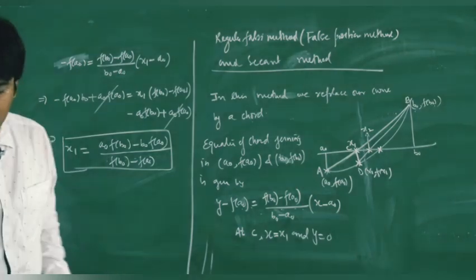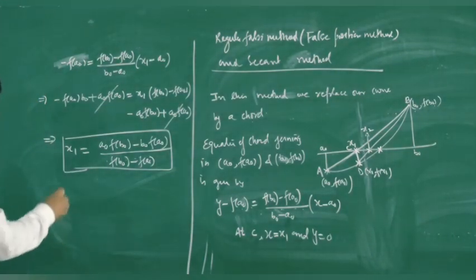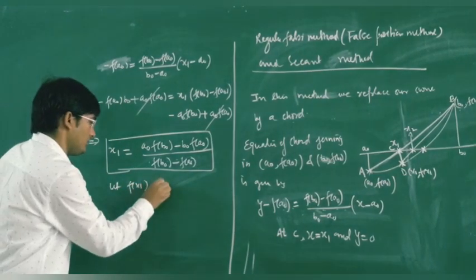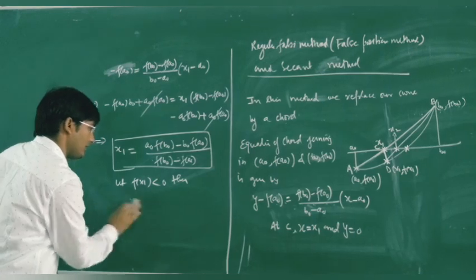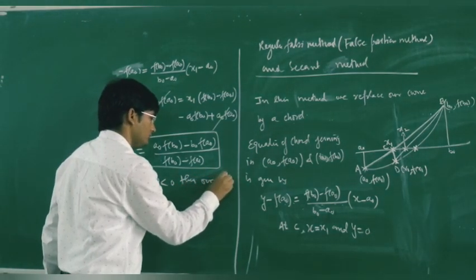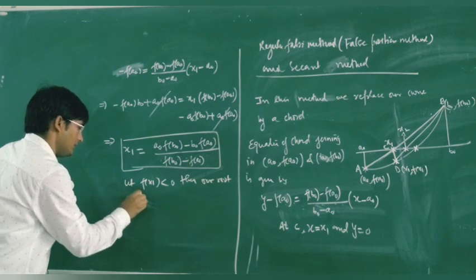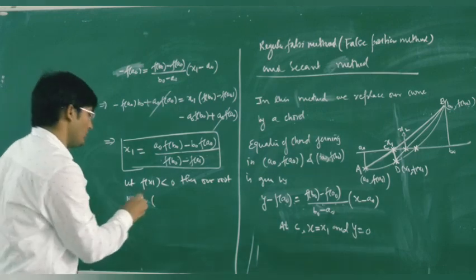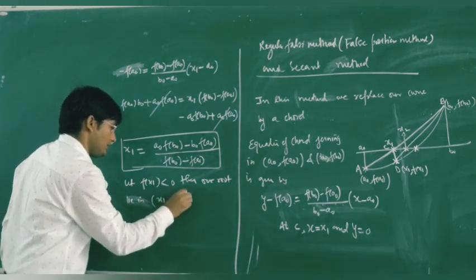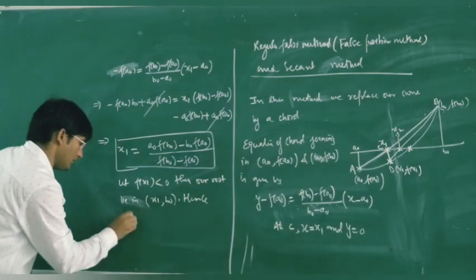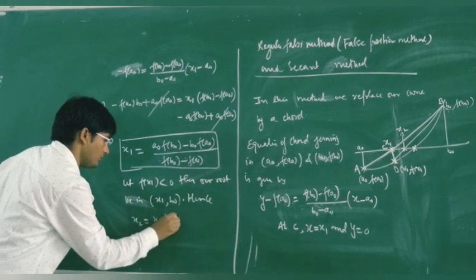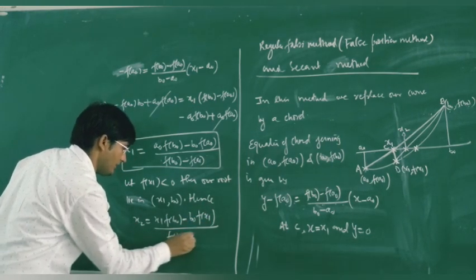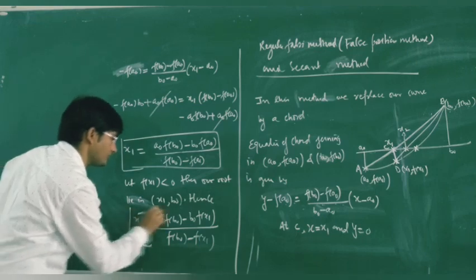Again performing the same procedure, let f(x1) be negative, then our root will lie in the interval (x1, b0), and our x2 will be [x1 f(b0) minus b0 f(x1)] divided by [f(b0) minus f(x1)].